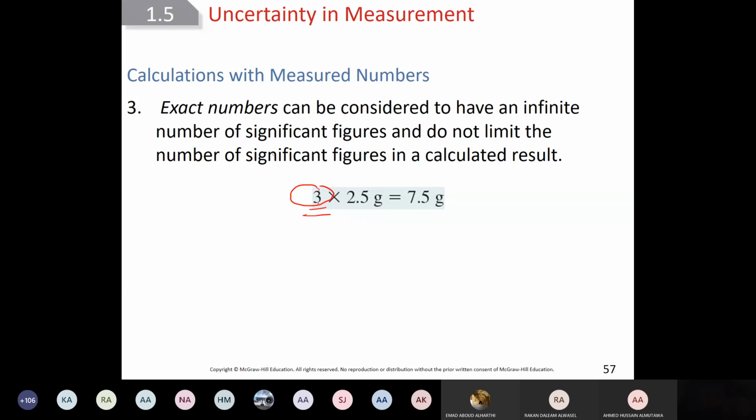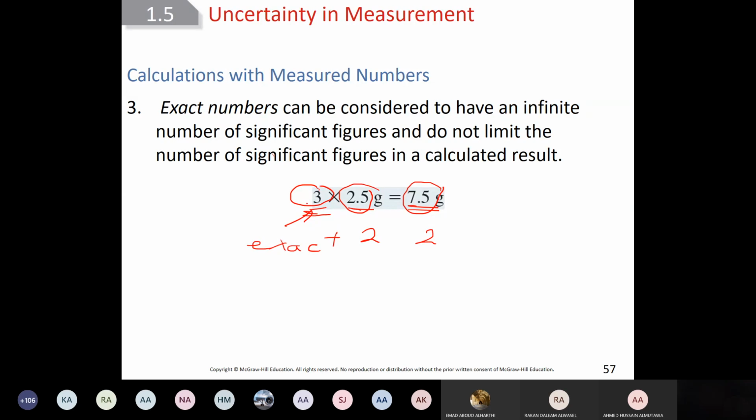So if I multiply 3 times 2.5, where 3 is exact, then how should I report the answer? I should report it 7.5. Why? Because there are 2 significant figures here, and the answer should have only 2 significant figures, and I'm not going to count there.